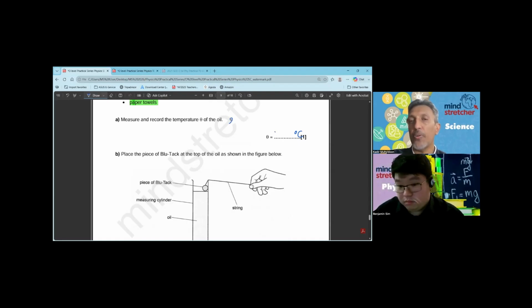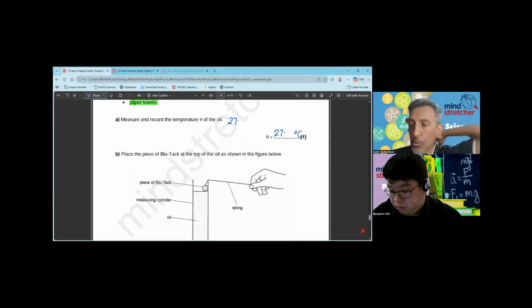You should record it as 27.0, to one decimal place. Or it could jump in 0.5, so you can record 26.5.